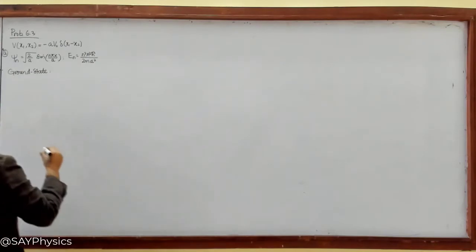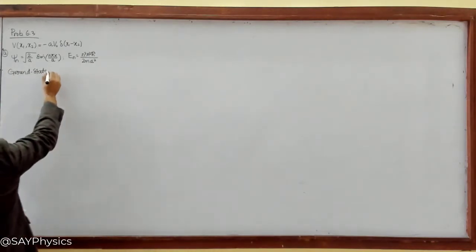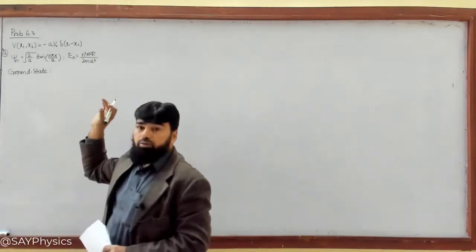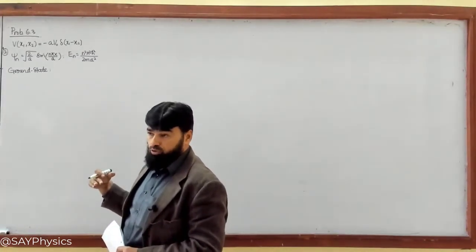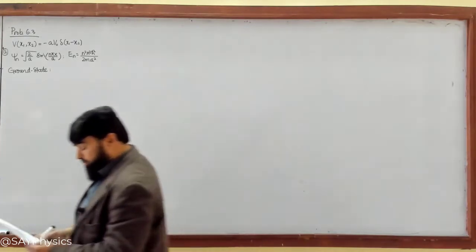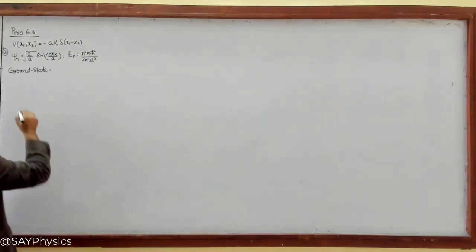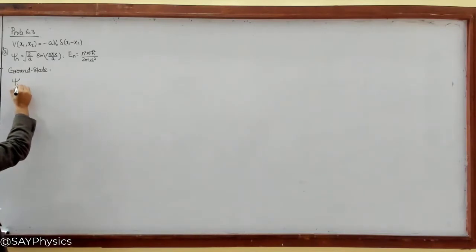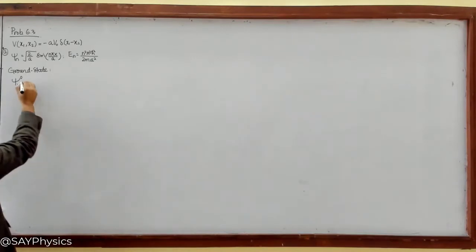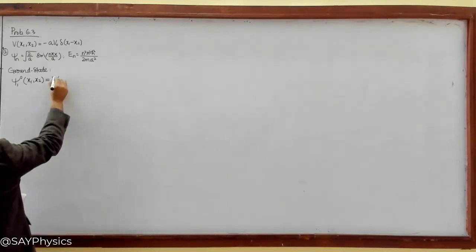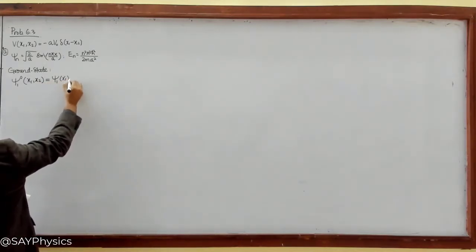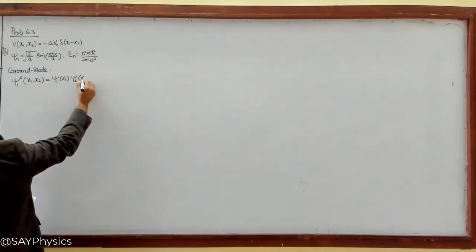Means it is part A, and we calculate the ground state and then the first excited state. So the ground state will be, now for the bosons in chapter 5 we have written the two interacting and non-interacting bosons. We have written their combination of wave functions. So psi 1 0 of x1 and x2 is equal to psi 1 means the one boson wave function, psi 2 of x2.